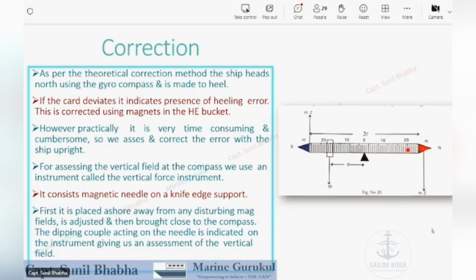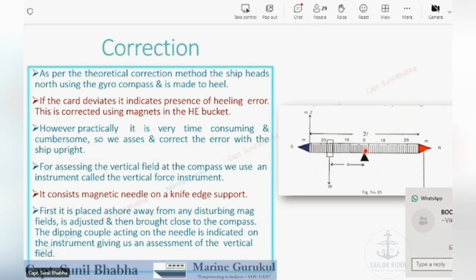So he adjusts the magnets, which side, which red or blue pole has to be put upwards or downwards, and he adjusts the distance of the heeling error bucket from the compass location so that this VFI needle becomes horizontal again. When the VFI needle becomes horizontal again, we can check it from the spirit level.